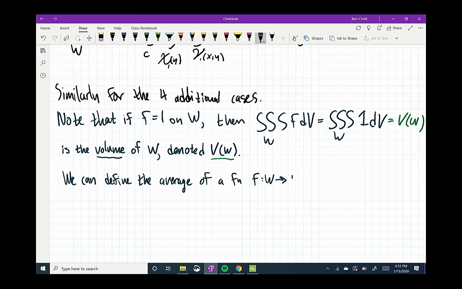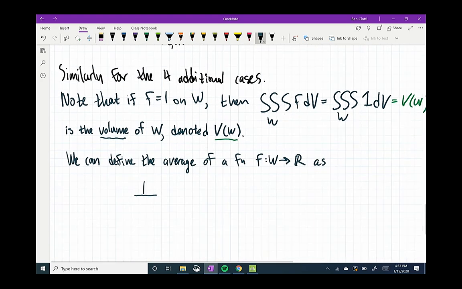So if we have some function f from W to R, it should be reminiscent of the 2-dimensional formula. You integrate f over the entire region, but then you divide by, well, in this case, the volume of the region.